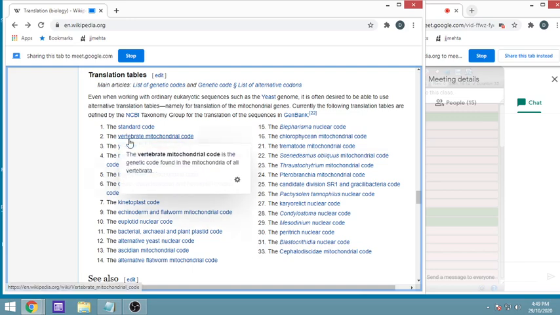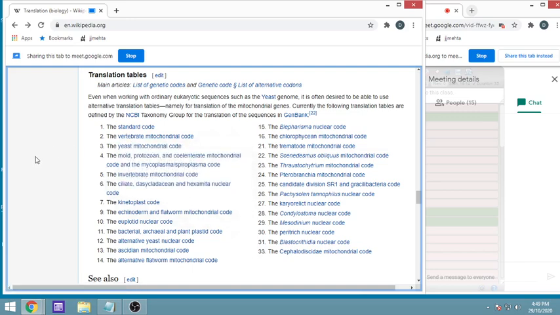Standard, then vertebrate, mitochondrial, yeast. What about the mitochondria? We have seen that mitochondria has a different set of RNA, and particularly its own genetic material, so that it does not depend on the nucleus, because mitochondria has to function continuously. If you remember, we have studied this.